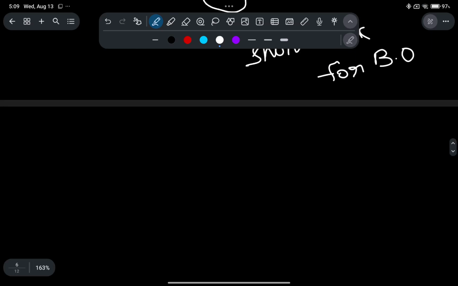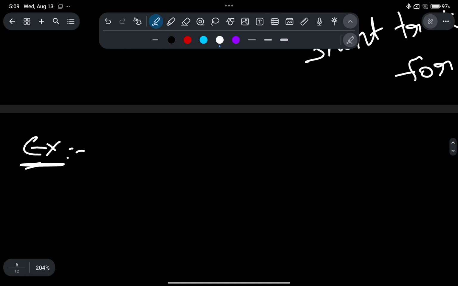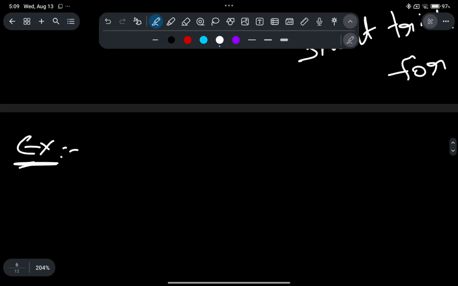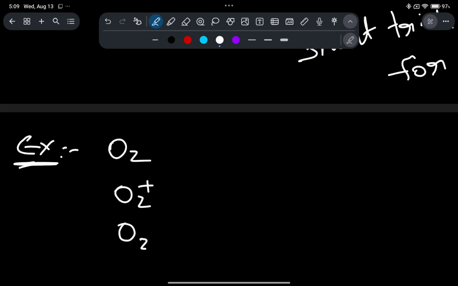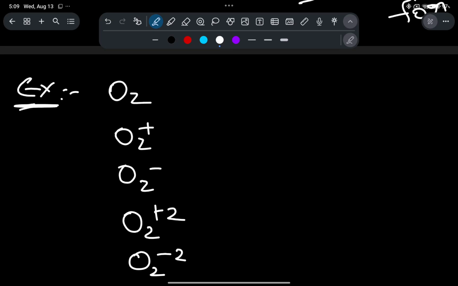I will explain some examples, and then the class will be completed because MOT theory has been completed. Here I am taking the examples O2 plus, O2 minus, O2 plus 2, O2 minus 2.